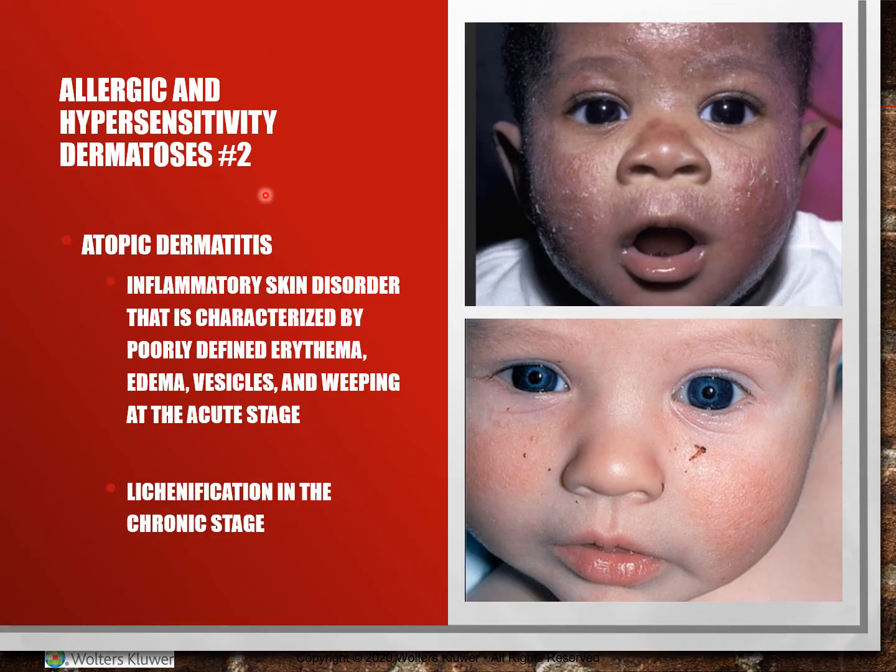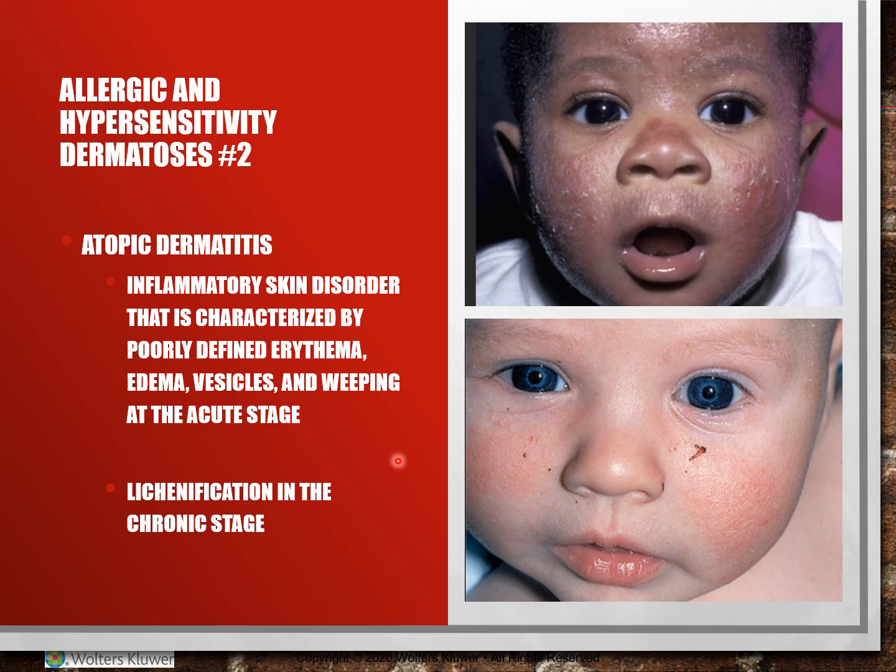Then we'll talk about some more allergic and hypersensitivity dermatoses. So things like atopic dermatitis, this is atopic eczema. This is an inflammatory skin disorder that's characterized by poorly defined erythema, meaning that there are erythematous regions on the skin that don't have any distinct borders.